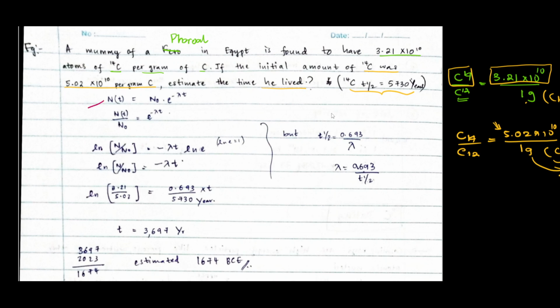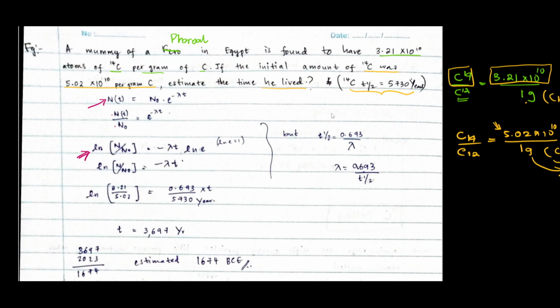We know that Nt is equal to N naught e to the power minus lambda t. So Nt over N naught is equal to e to the power minus lambda t. Now let's take ln on either side, that's the natural logarithm with base e.